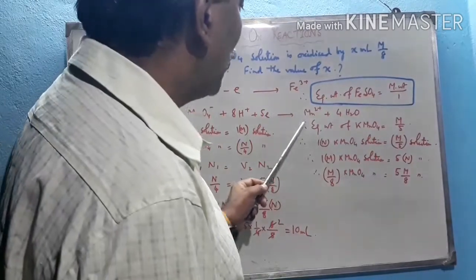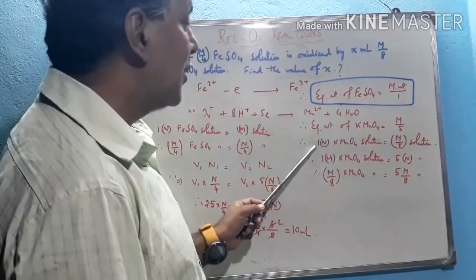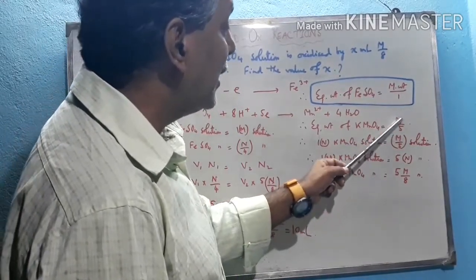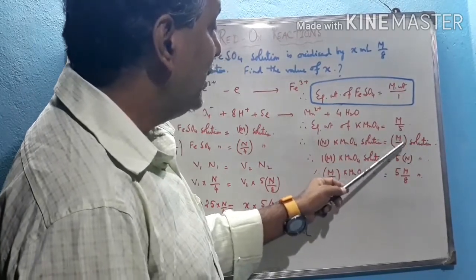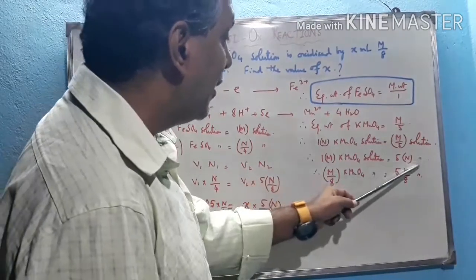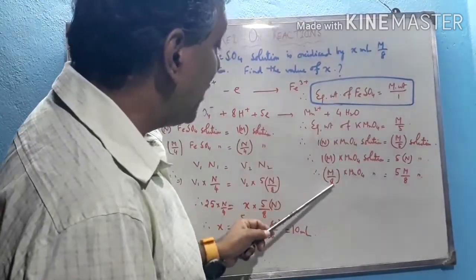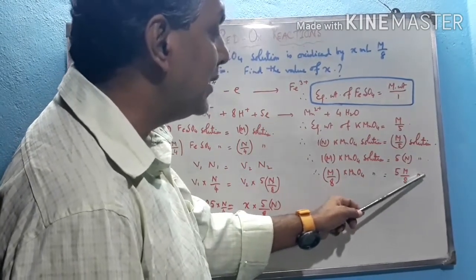If 1000 cc contains one equivalent weight, that solution is 1 normal. So 1 normal potassium permanganate is M/5, therefore 1 molar equals 5 normal. Here the strength is M/8, so M/8 KMnO4 is 5N/8.